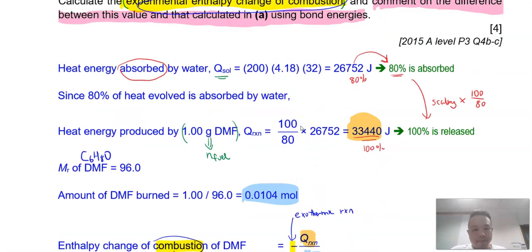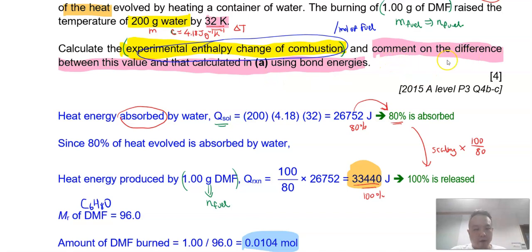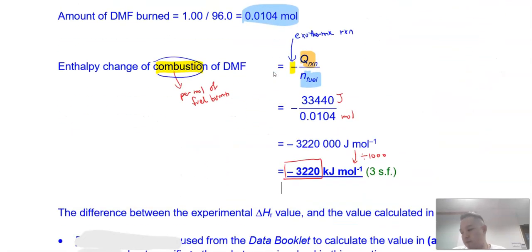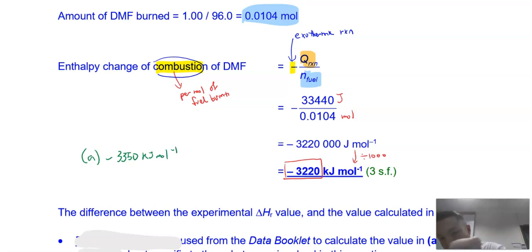Then, in the second part of the question, it said, comment on the difference between this value and that calculated in A using bond energy. So in A, the value given was negative 3350 kJ per mole, using your bond energy method.